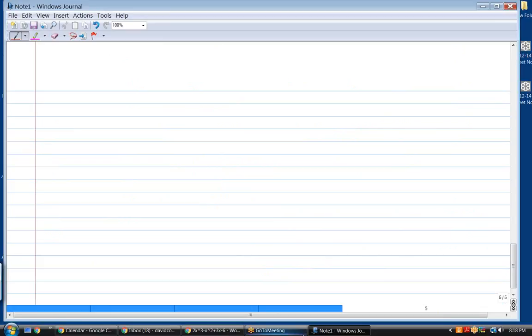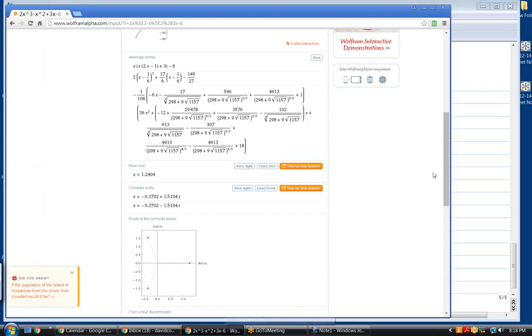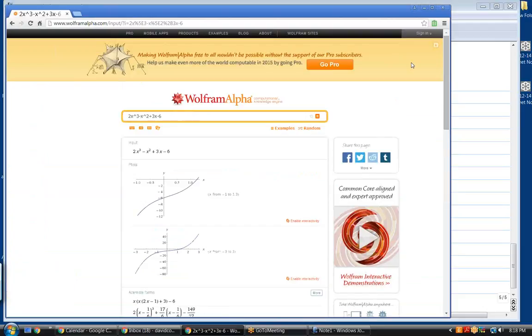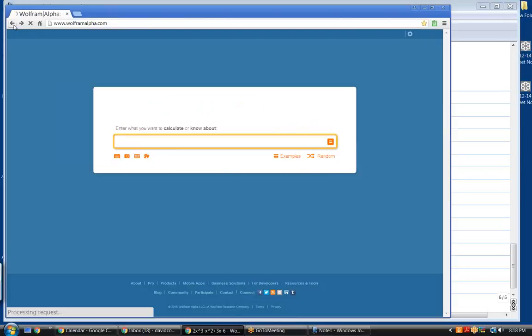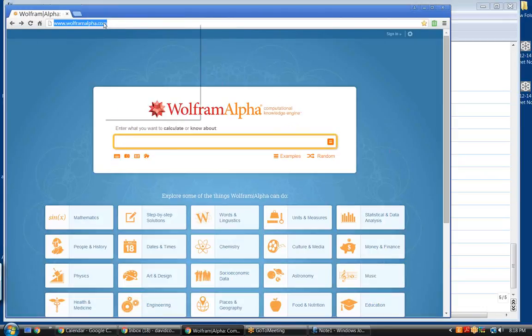All right. This page here, just in case you were wondering, is Wolfram Alpha. In fact, if you want, I'll copy and paste it. Open up your GoToMeeting, and I'm going to paste that link.